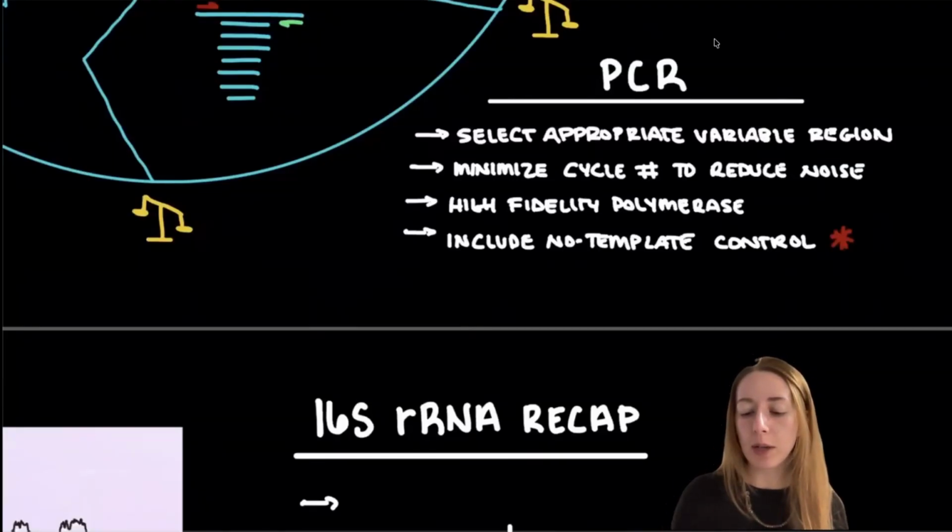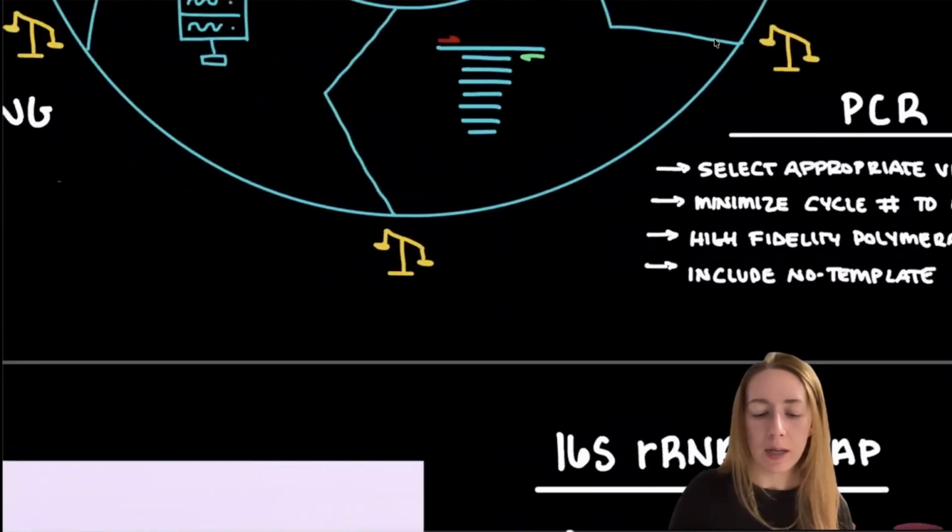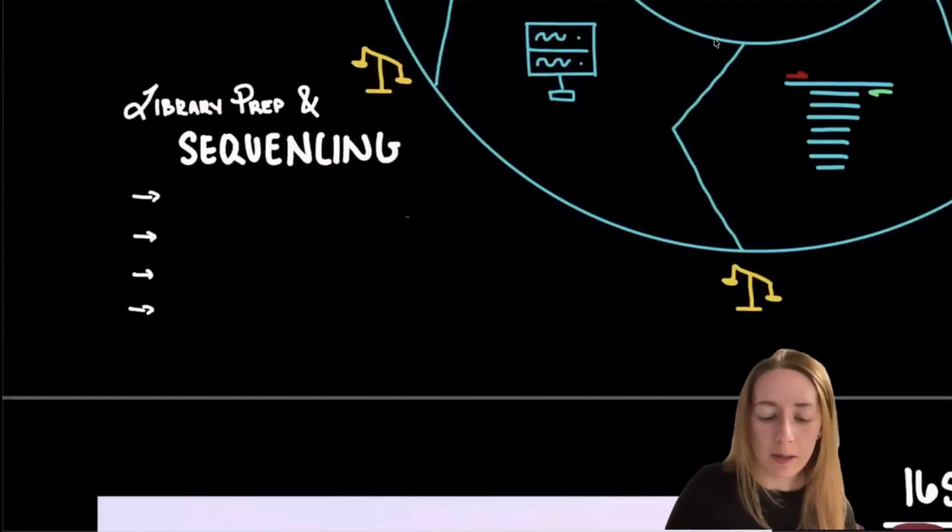However, if you used a no template control, this will allow you to track any contamination that you might have had, because you're going to be carrying, let's say, the same master mix or whatever it is throughout the samples, depending on how you like to prepare your PCR mixture.